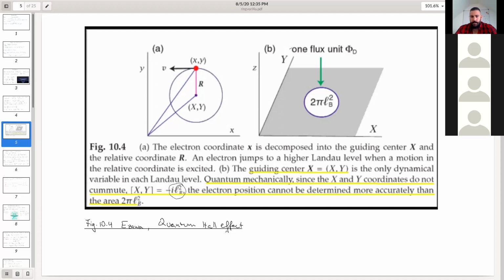In mathematics, it is studied in the context of algebraic topology and K-theory and all that. Here it tells you that quantum mechanically, since the x and y coordinates do not commute, the electron position cannot be determined more accurately than the area 2 pi L squared b. So there is a real non-commutative space going on there.